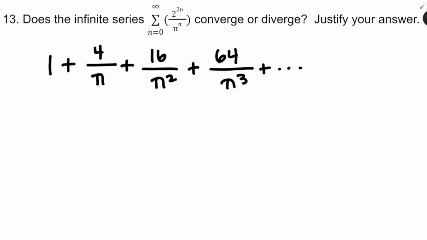So we see that the ratio here is 4 in the numerator and pi in the denominator. Pi is between 3 and 4. The absolute value of r is greater than 1. That's going to give me divergence.